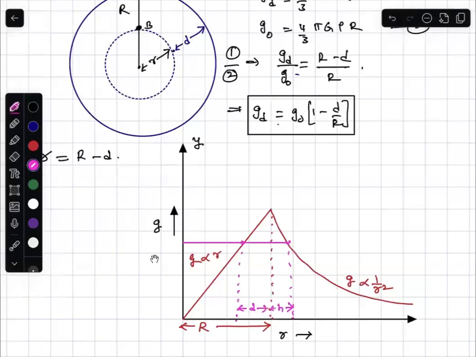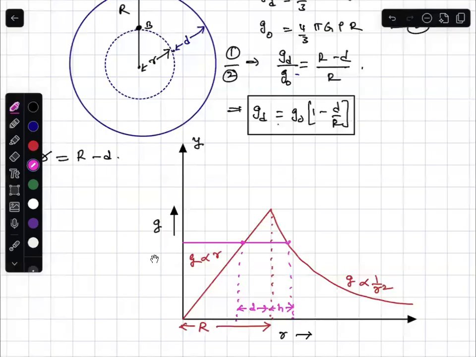I repeat, you will find 2 such points, one at a depth d, the other at a height h, where the acceleration due to gravity is the same. Not only one, you will have a lot of such points.